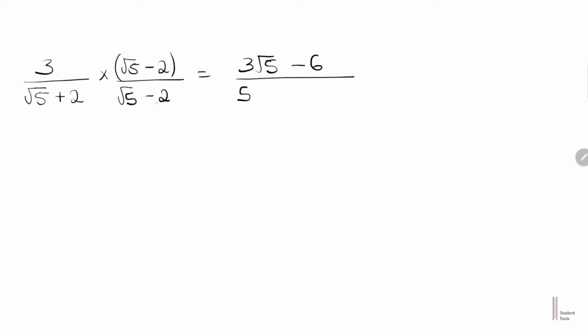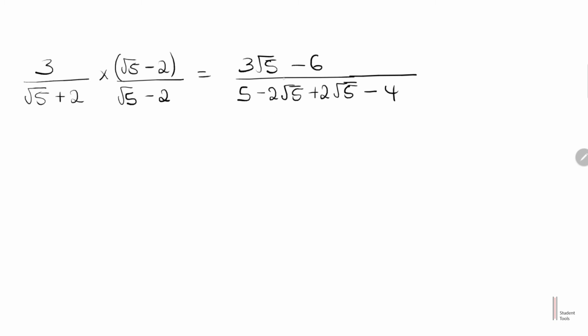Square root of 5 multiplied by a minus 2, so that is a minus 2 root 5. 2 multiplied by the square root of 5, that is plus 2 root 5. And then we have 2 multiplied by minus 2, that is a minus 4. So now we have this fraction: 3 root 5 minus 6 over 5 minus 2 root 5 plus 2 root 5 minus 4.